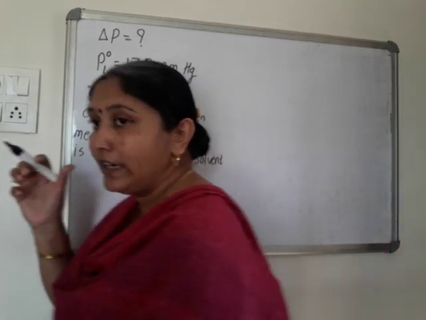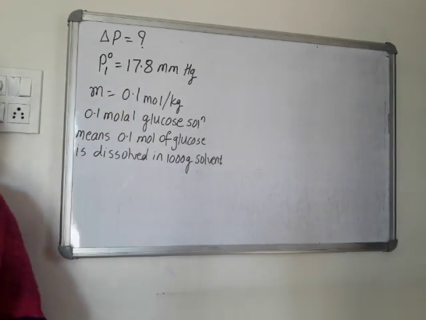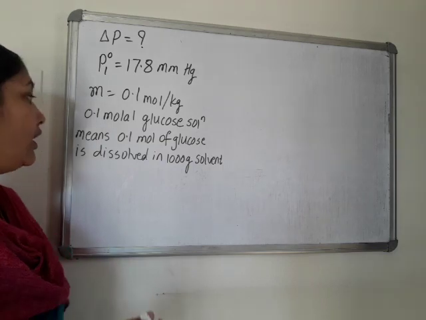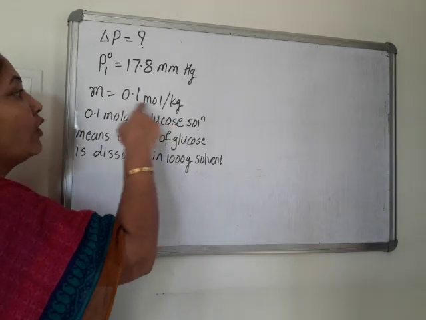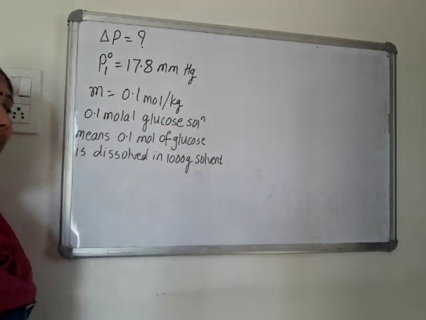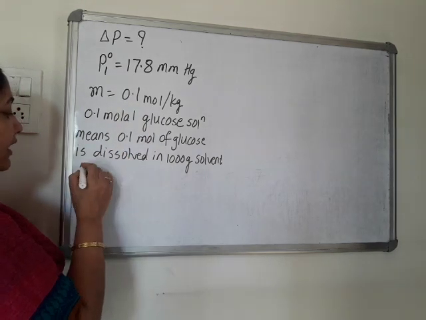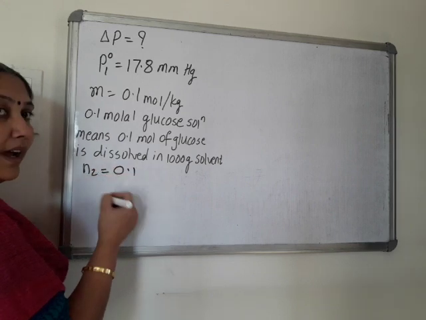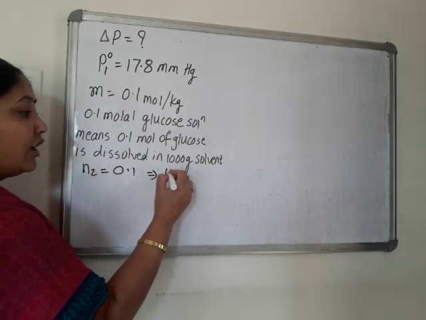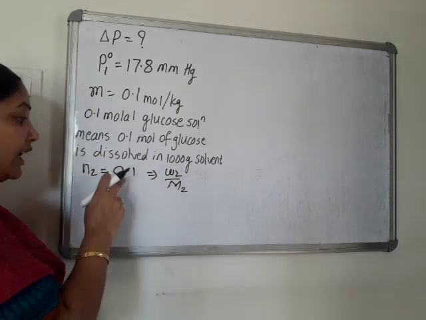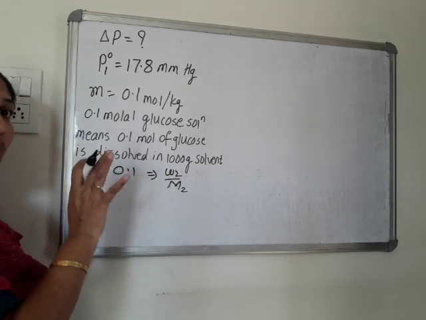We studied molality last year. Molality means number of moles per kg of solvent. So here 1 kg solvent contains 0.1 mole of glucose. So N2 is equal to 0.1, and N2 is nothing but W2 upon M2.